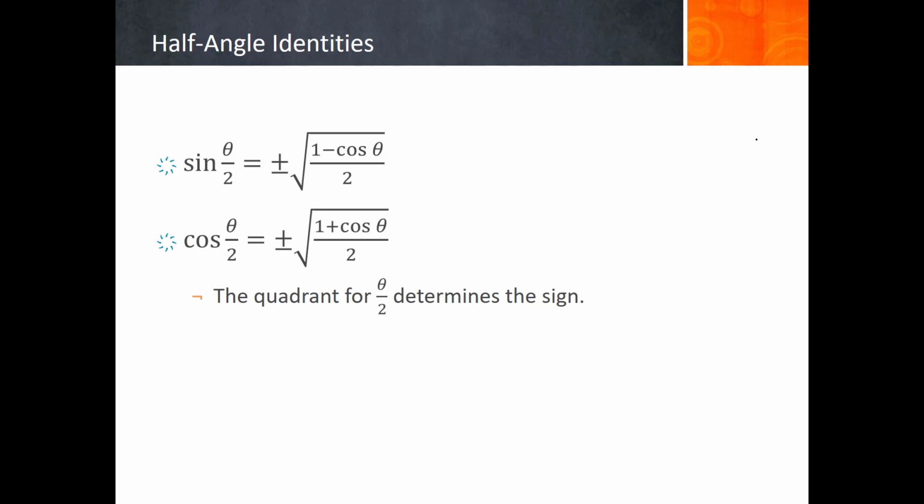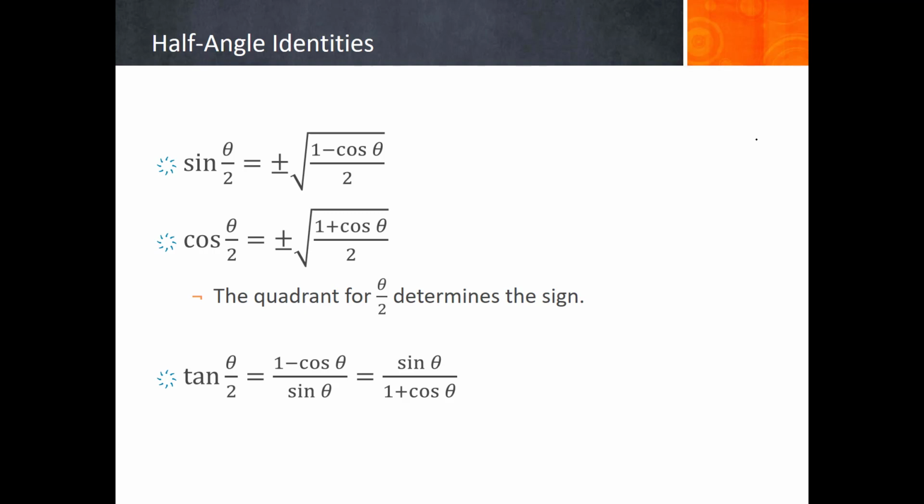And the reason we have the plus or minus, if you remember in algebra, if you take the square root of both sides of an equation, you get plus or minus. And so it comes out in the algebra from rewriting the reduction identities. We don't have to worry about this, however, when we do tangent. With tangent of theta over 2, there's actually two ways we can write it.